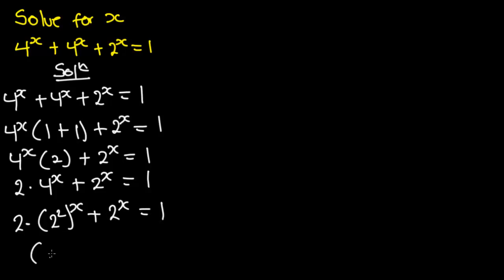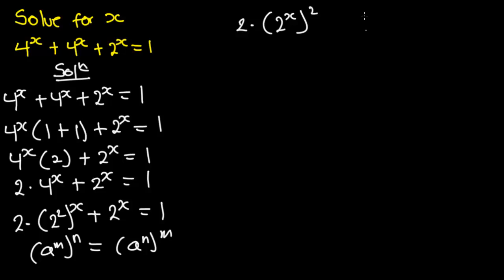For instance, when we have a to the power m all exponent n, this is equal to a to the power n all exponent m. So we can interchange the exponents. We do the same over here, so we have 2 multiplying 2 to the power x all to the power 2, plus 2 to the power x is equal to 1.